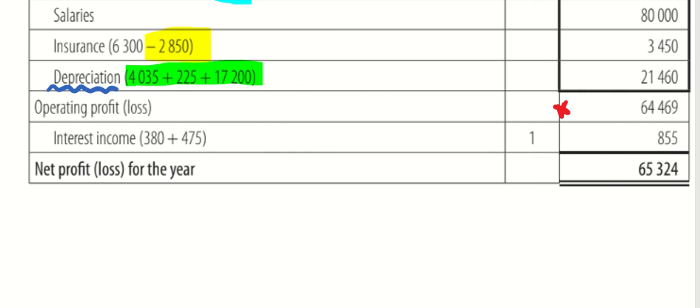Ek het klaar vir rente-inkomste, interest on the fixed deposit, I already have 380 Rand there. But now they tell me that the interest on the fixed deposit is still outstanding, so daar steeds 'n bedrag uitstaande. Hulle sê, tydens 1 September, the 1st September, the amount per annum was increased.